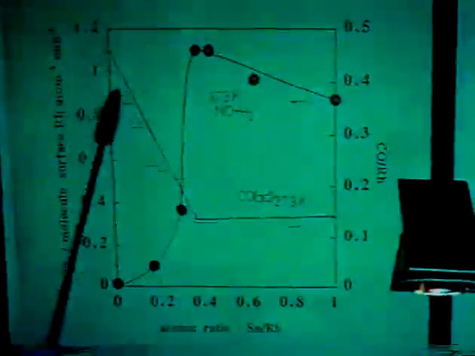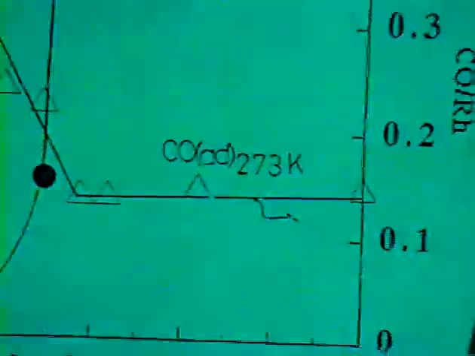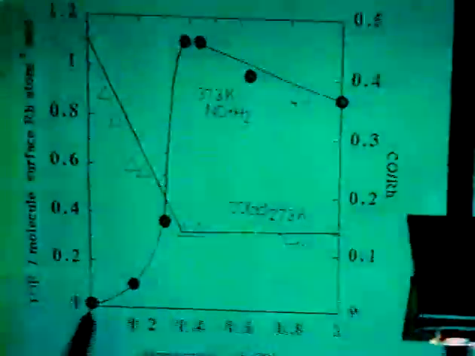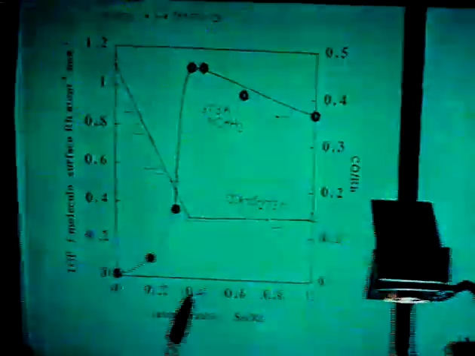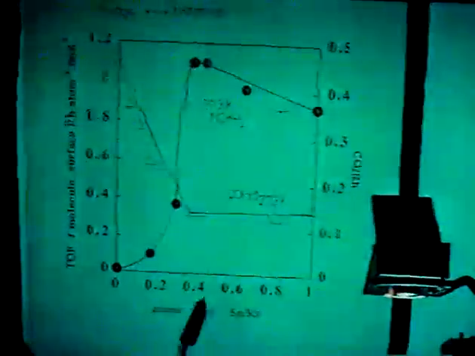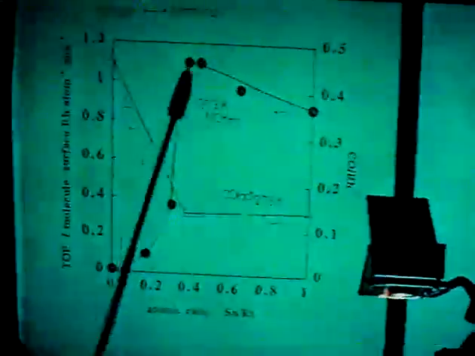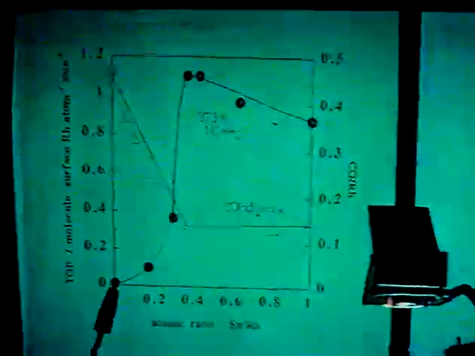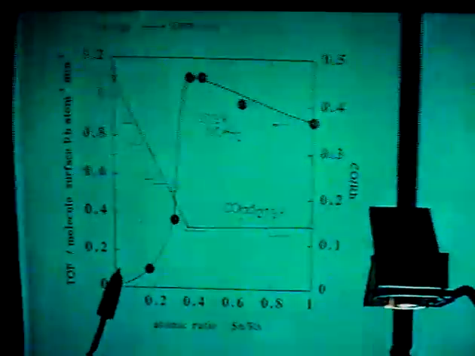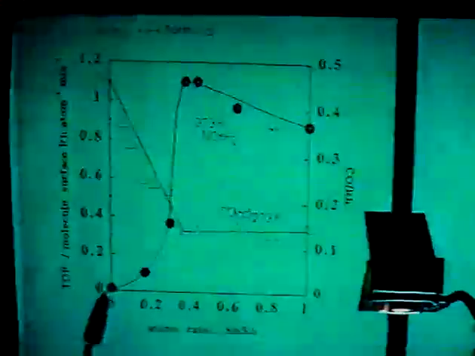This figure shows the variation of turnover frequencies of the catalytic NO-hydrogen reaction, plotted here as a function of tin content, the atomic ratio of tin to rhodium, from 0 to 1. The turnover frequencies were calculated from the amount of adsorbed carbon monoxide, plotted as triangles here, which is assumed to be equal to the number of surface rhodium atoms.